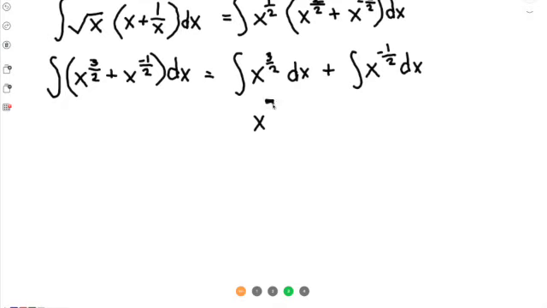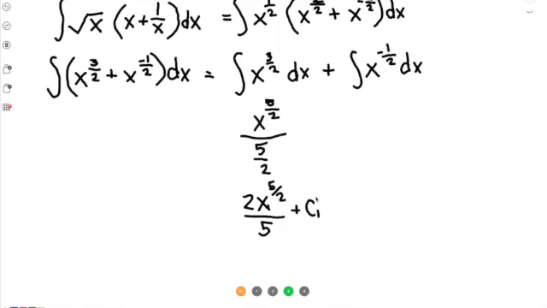And the same 5 over 2, we will divide it by 5 over 2, or simply this will become 2x to the 5 halves power all over 5 plus constant of integration c sub 1. Okay, so that's for the first one.